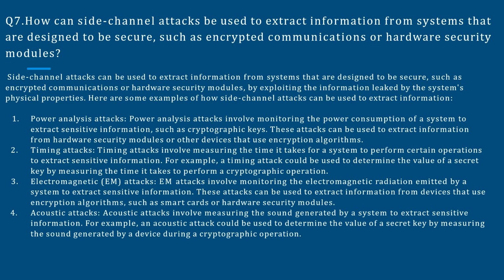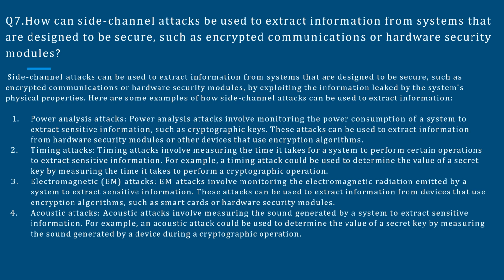Third, electromagnetic EM attacks. EM attacks involve monitoring the electromagnetic radiation emitted by a system to extract sensitive information. These attacks can be used to extract information from devices that use encryption algorithms such as smart cards or hardware security modules.